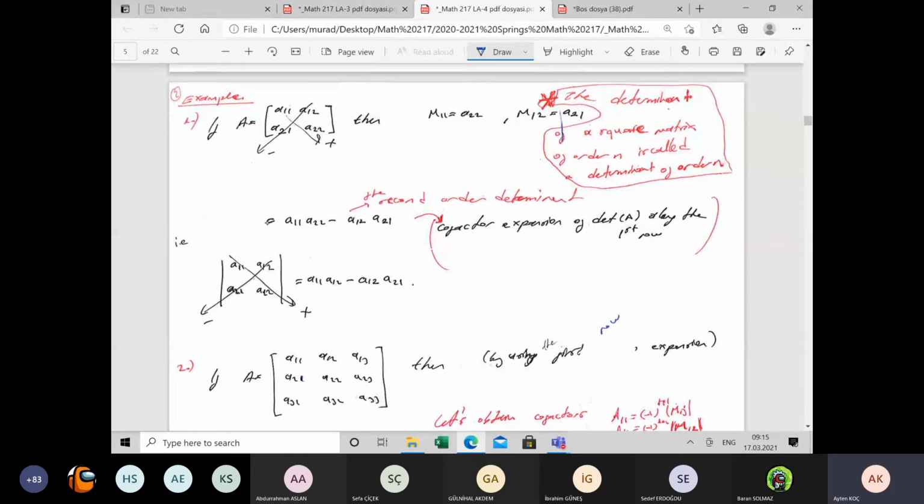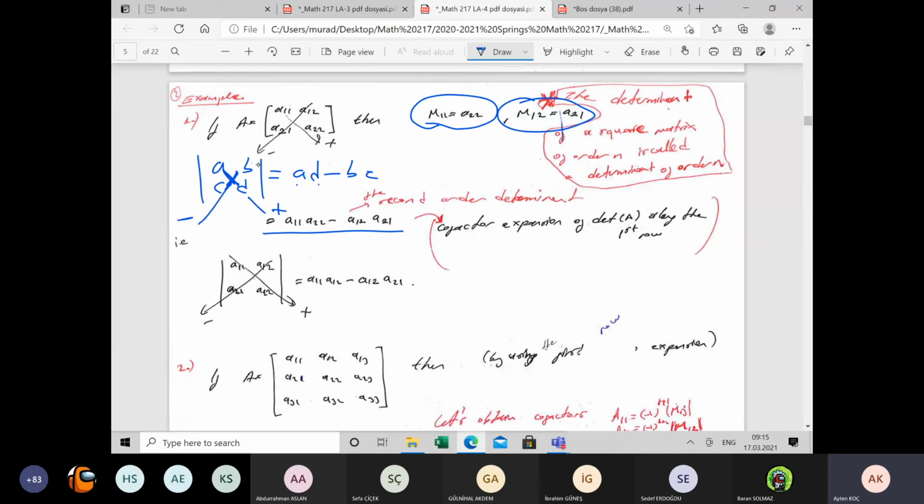So determinant of A, B, C, D is A times D minus B, C. This one is the positive line, the main diagonal, the product of all entries on the main diagonal AD, and this one is the line with minus, the product of the entries on this line, minus BC. It's okay.